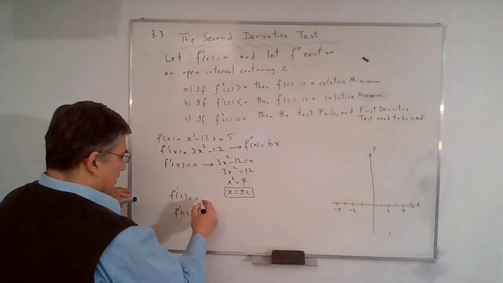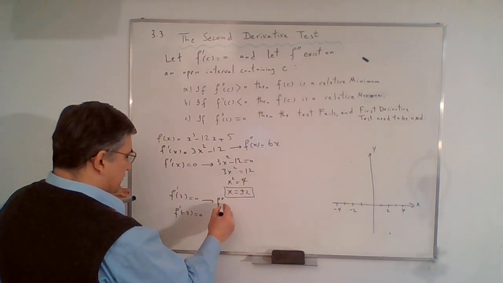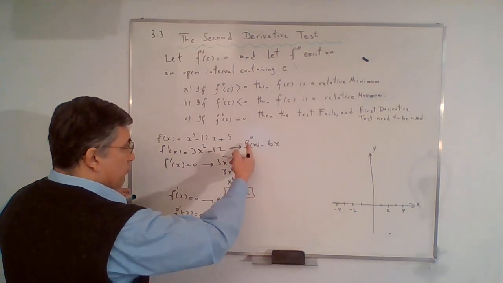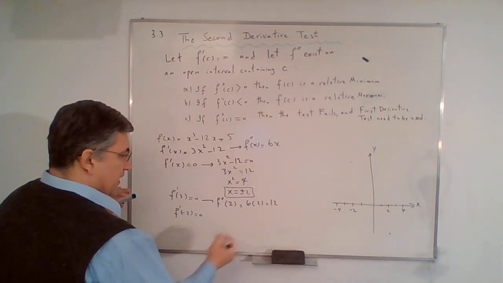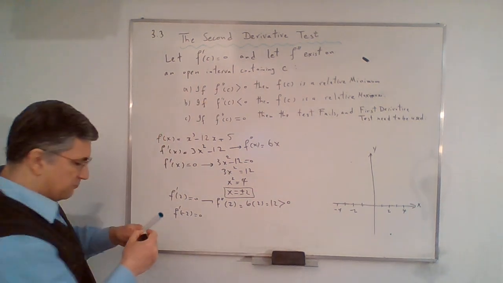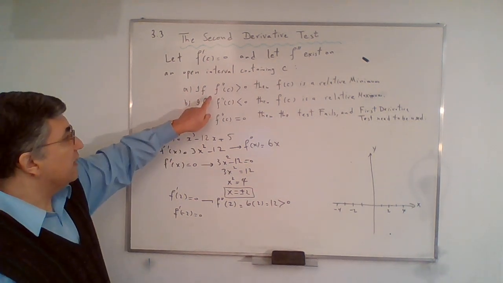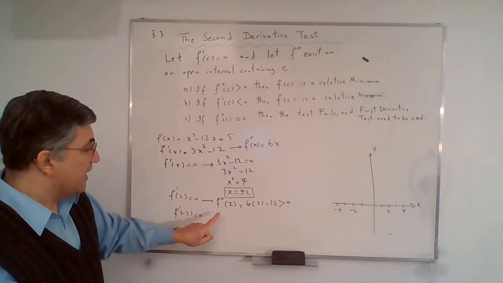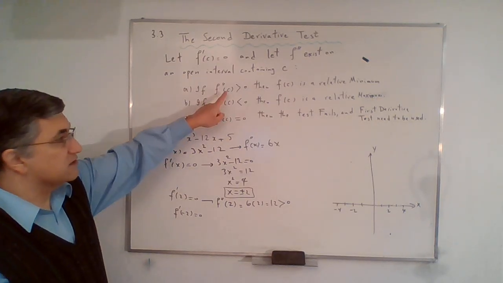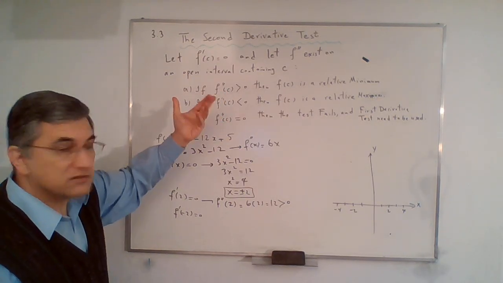So I'm going to say f double prime at 2 would be 6 times 2, which is 12, isn't it? And 12 is positive, isn't it? So f double prime at c, in this case, f double prime at 2, happens to be positive, greater than 0. Then what?